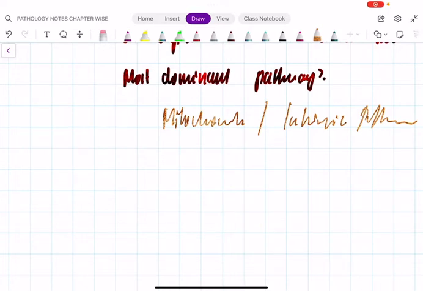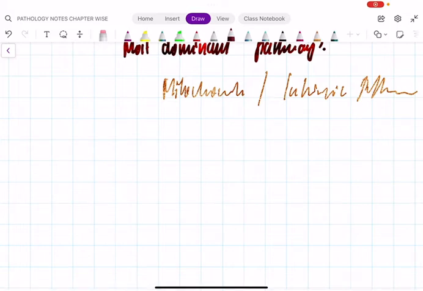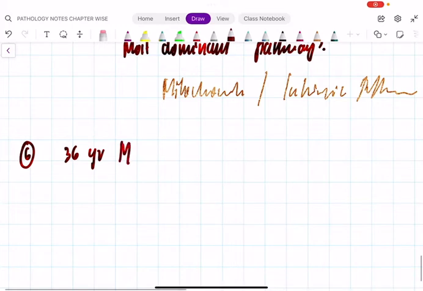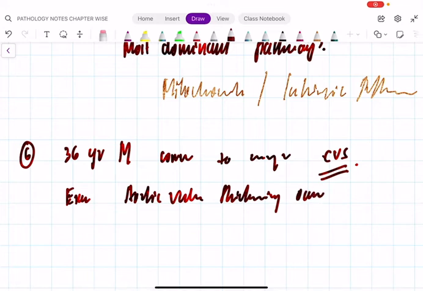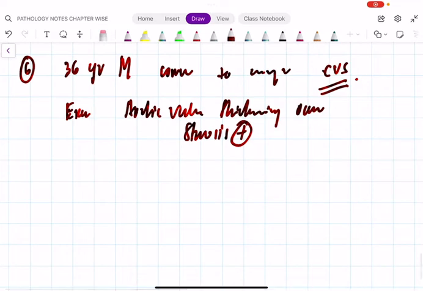And sometimes they may give you a history like this. 36-year-old male comes with the complaint of some serious cardiovascular system symptoms, and on examination it was found that aortic valve thickening occurs, stenosis present.